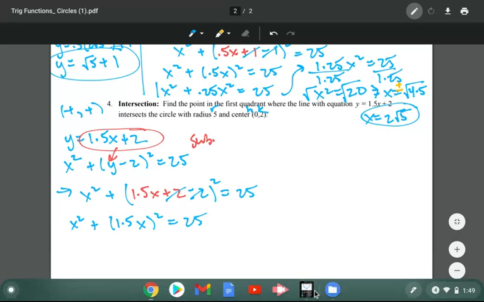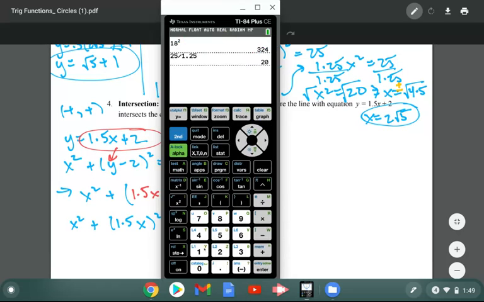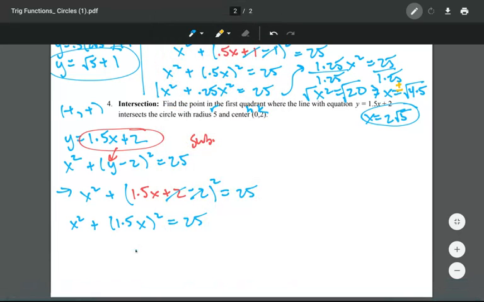So I can go ahead and do 1.5 squared, which I believe is 2.25, but let's double check. So 1.5 squared is 2.25. I'm going to write this as 1x squared plus 2.25x squared equals 25. Adding my coefficients together, I get 3.25x squared equals 25.